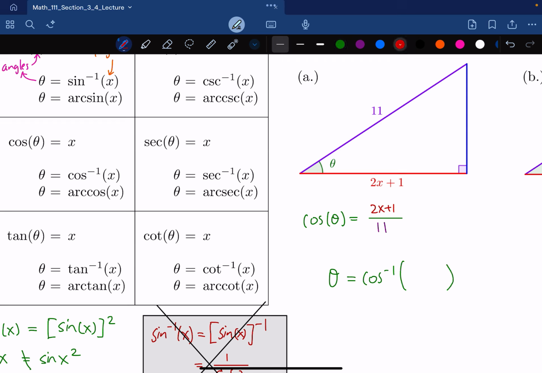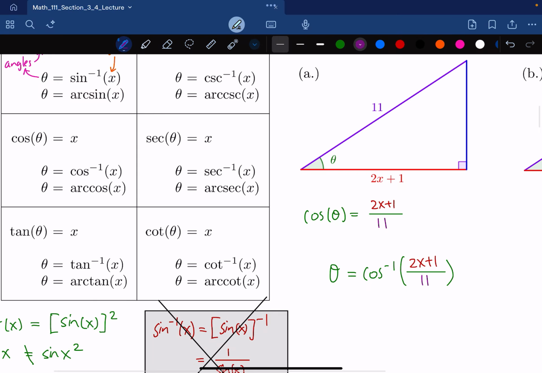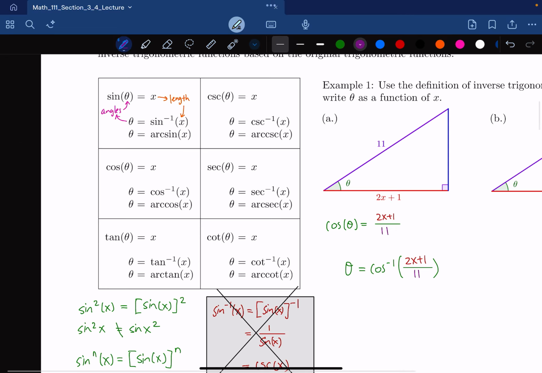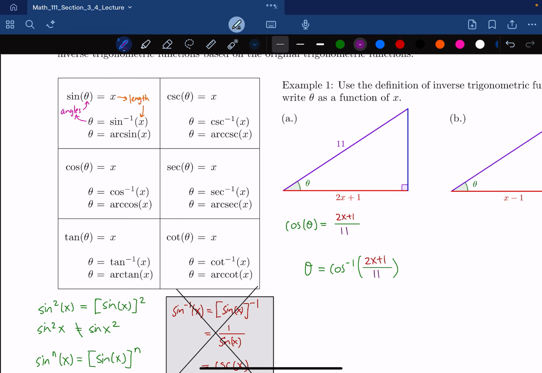Okay? And then the input remains as the input, so 2x plus 1 all over 11. That doesn't change, just literally copy and paste. Okay, so now I have theta written as an expression of x.